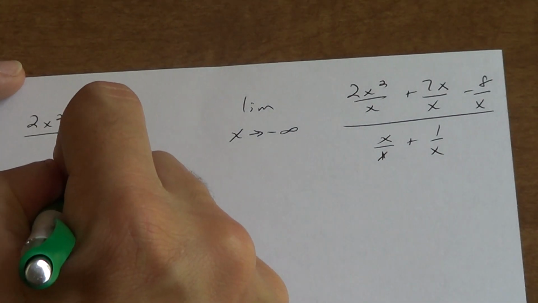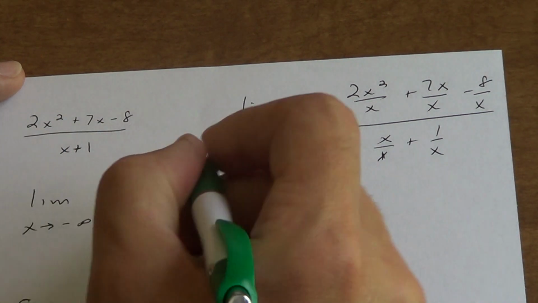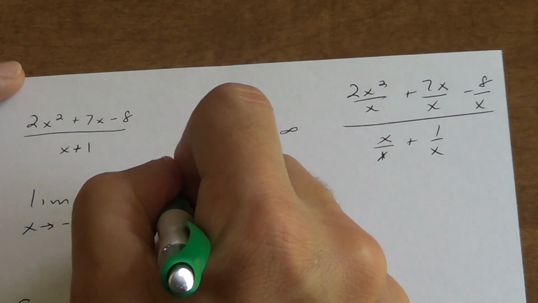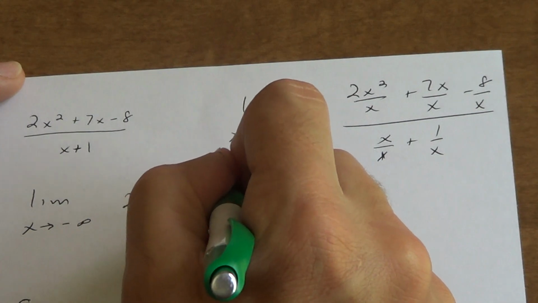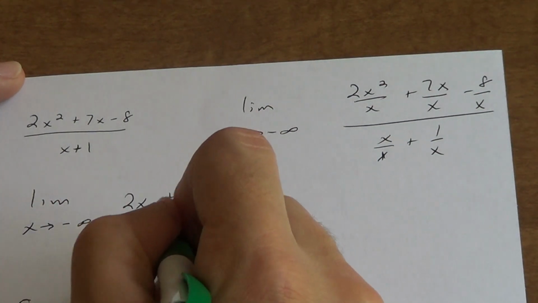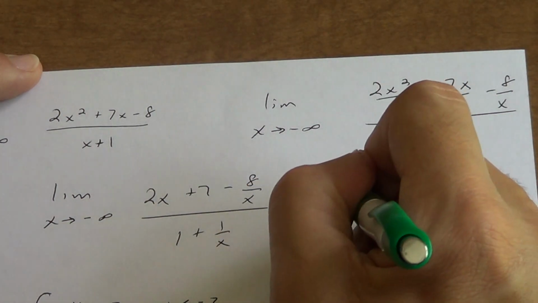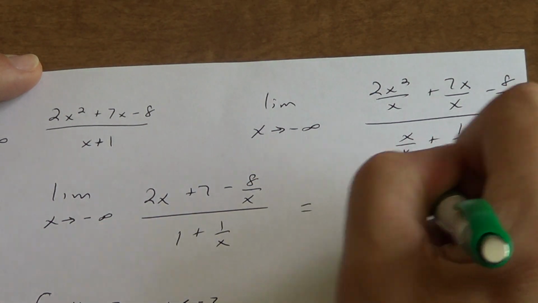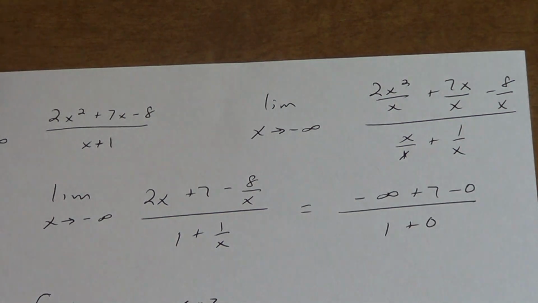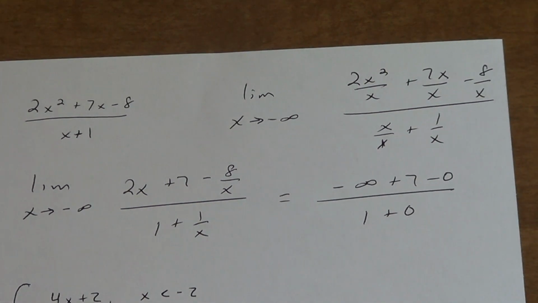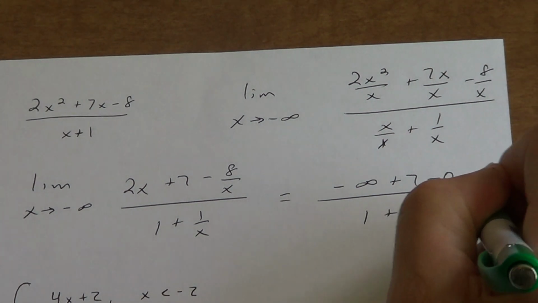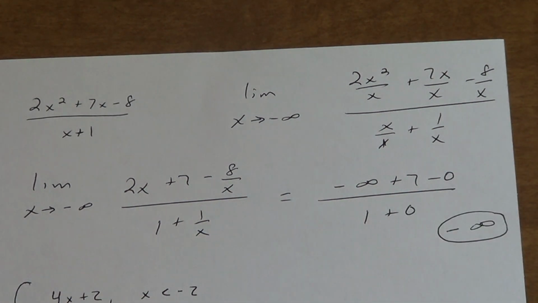So the limit as x approaches negative infinity of 2x plus 7 minus 8 over x, over 1 plus 1 over x. So I get negative infinity plus 7 minus 0, over 1 plus 0. Well, negative infinity plus 7 is still just negative infinity. And then negative infinity divided by 1 is also negative infinity, so that's my answer.